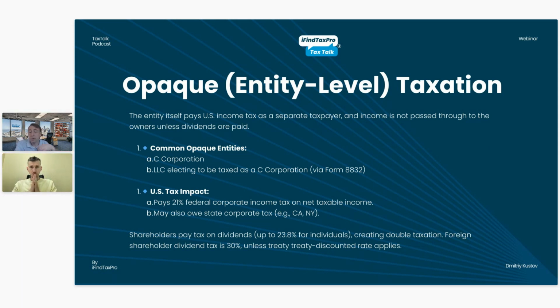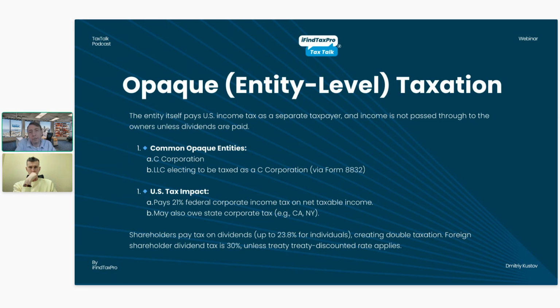But for foreign shareholders, it's even worse. If you are from a country with which the US doesn't have a treaty, then you can be taxed at 30% on dividends. So that's pretty high tax right there. And of course, treaties can reduce this to somewhere between 10 and 25%, mostly 10, 15%.